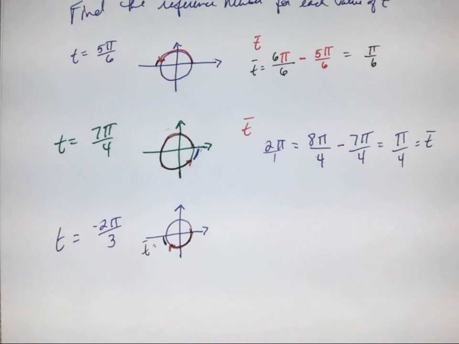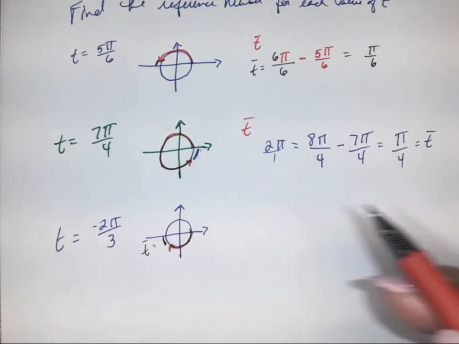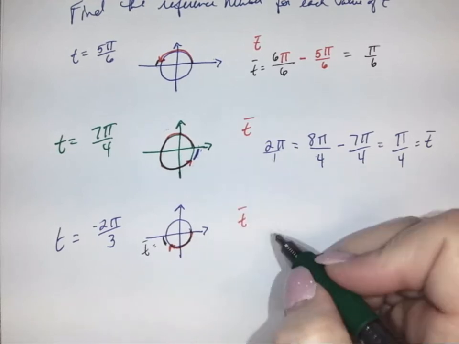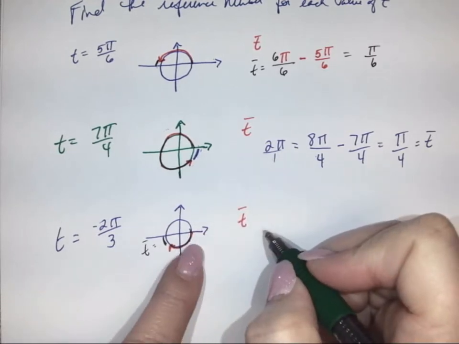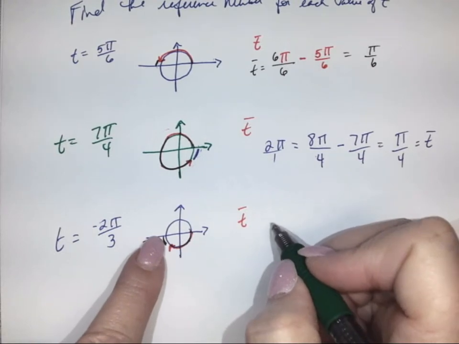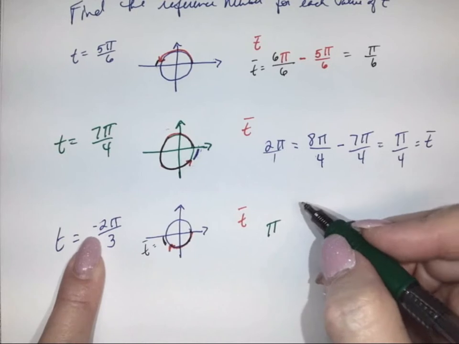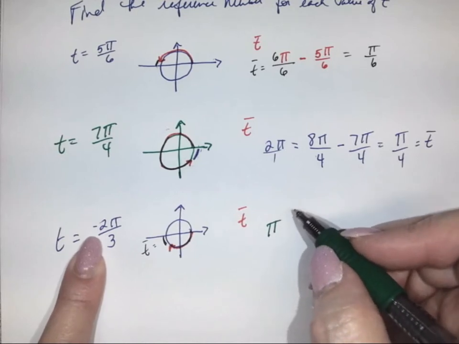T-bar is going to be the distance to the x-axis. So again, we're looking for that t-bar value. Well, we know that clear over to that x, this would be pi, but we need to subtract that 2 pi over 3.